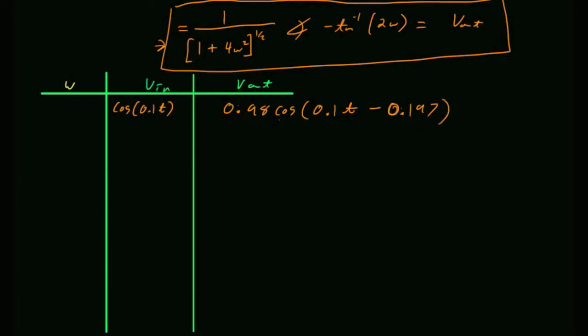We're going to play this game for about 4 more frequencies. You with me? Let's do cosine of t, cosine of 2t, cosine of 10t, and cosine of 50t.